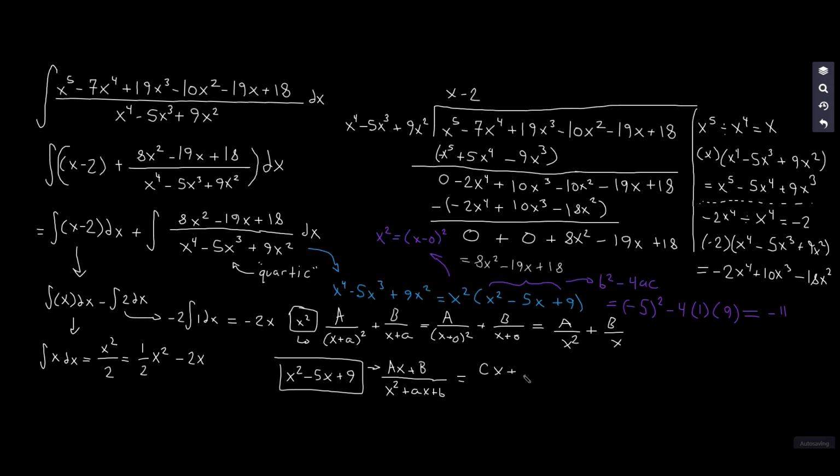Or c times x plus d, sorry, I was thinking about something else. C times x plus d on top, and then on the bottom, x squared minus 5x plus 9.